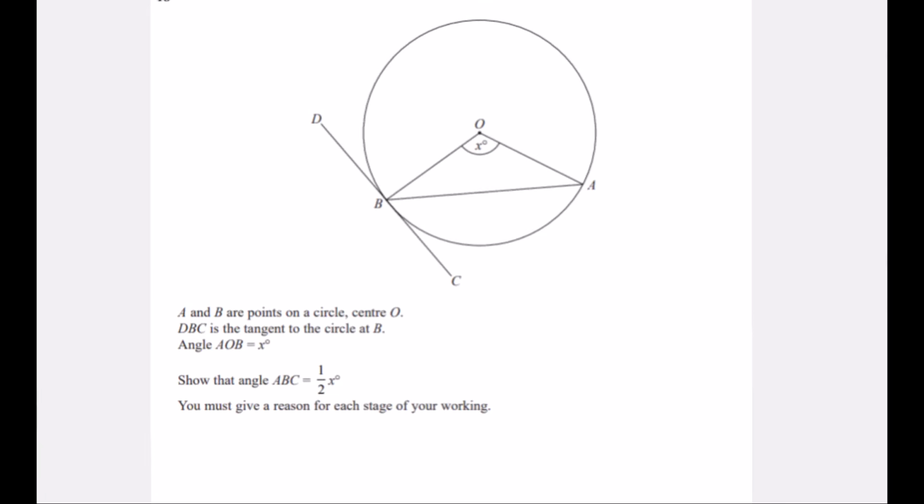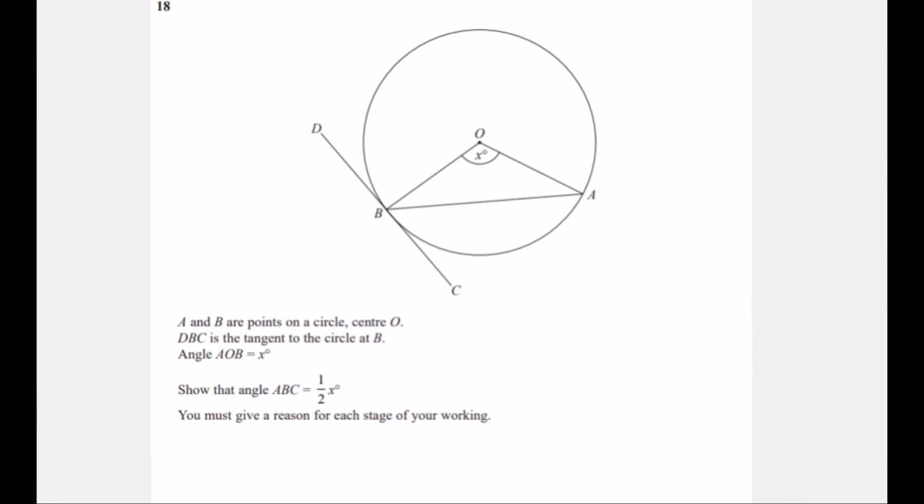Question 18. A and B are points on the circle, centre O. DBC is a tangent, we can see on the diagram. AOB is x. Show that angle ABC is half of x. Give a reason for each stage of your working. So when we have a tangent and a radius, they meet at a 90-degree angle.